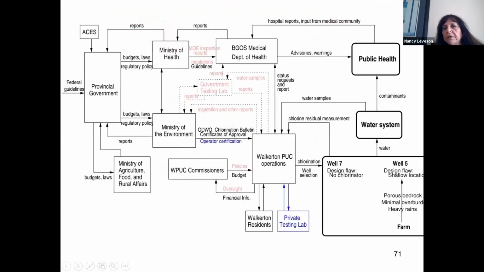But the government decided to save money and privatize the government testing lab, and they only interacted with the individual operations, the private labs. There's nothing wrong with privatization except that they lost all their feedback. So they didn't make the private labs report to the Ministry of Environment, and it turned out these people had been doing operations wrong for a long time, with lots of incidents before, until finally something horrible happened.